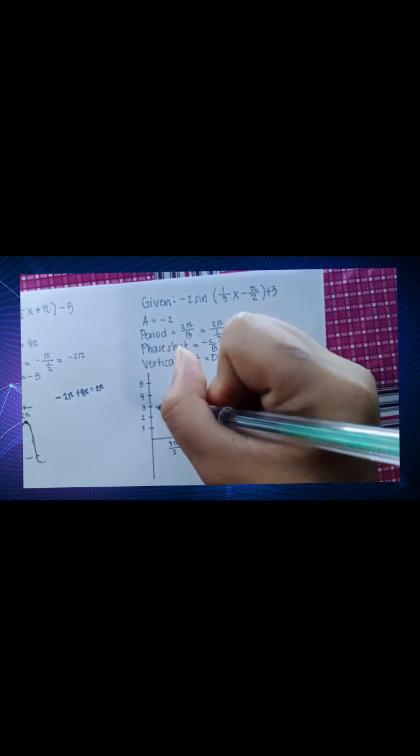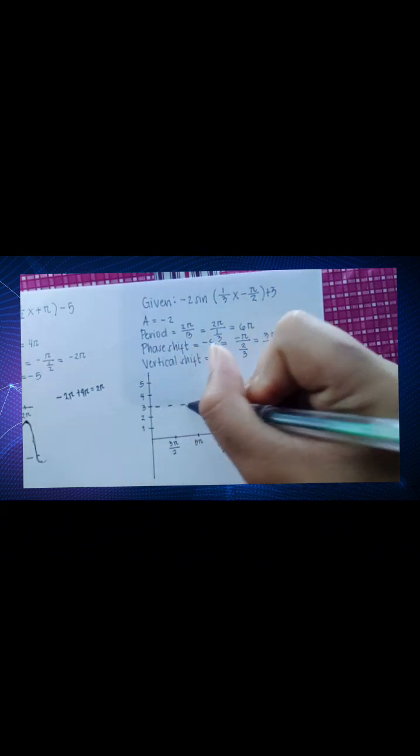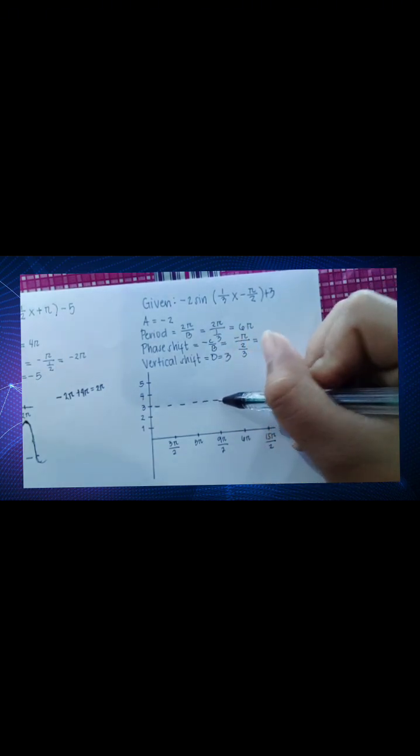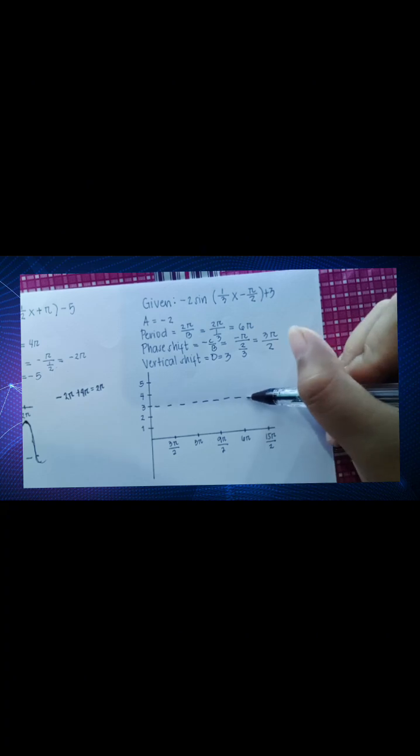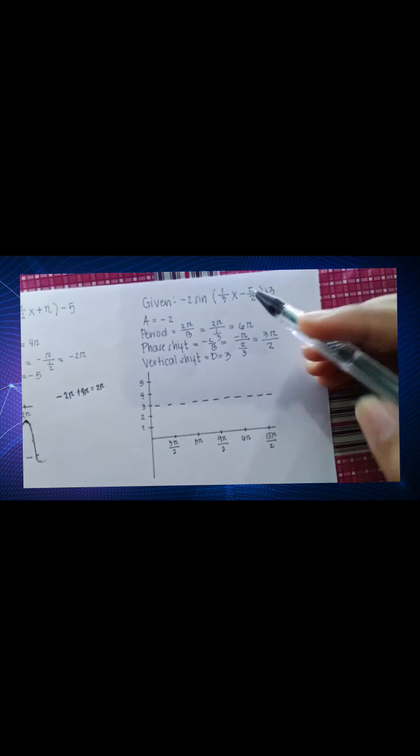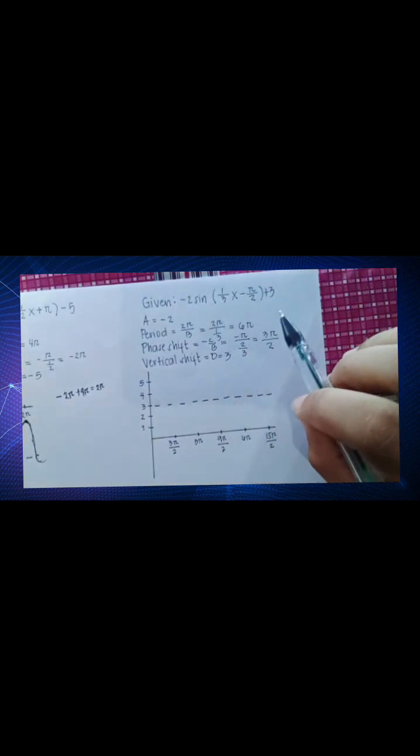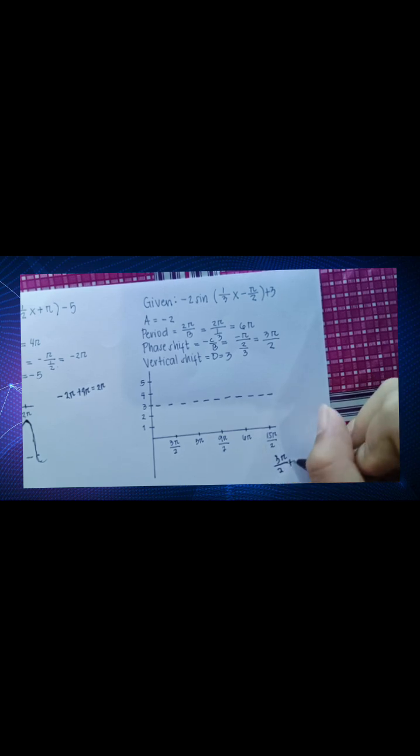So here's our graph. So the vertical shift is 3, so our broken line started at 3. Before the other, we solve first. 3 pi over 2 plus 6 pi is equal to 15 over 2 pi.